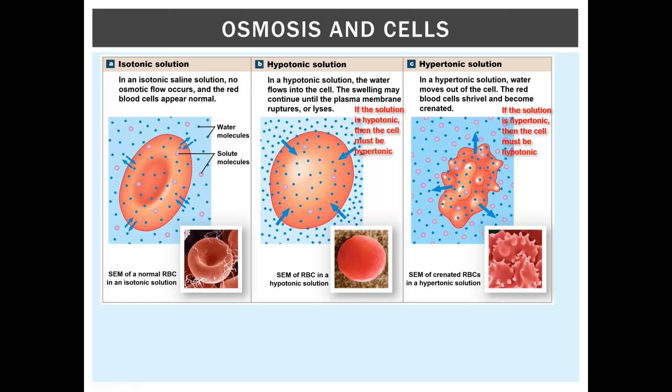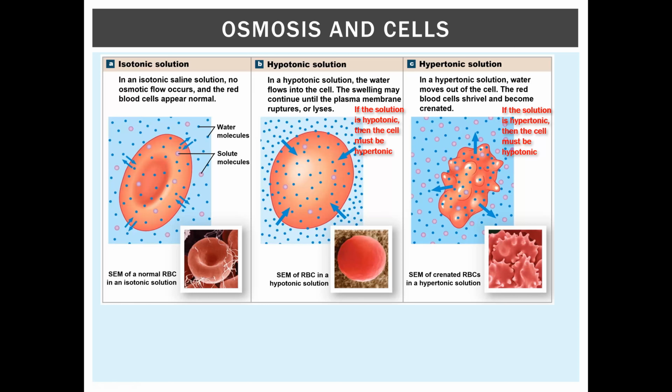So in this example, we're taking glucose molecules from outside the cell and bringing them inside. Glucose requires a carrier protein because it's too large for a channel. So it comes in, it binds to the carrier protein, the protein changes shape, and glucose comes out on the inside, into the cytoplasm. It still doesn't require any energy because we're still going from an area of high concentration to an area of low concentration.